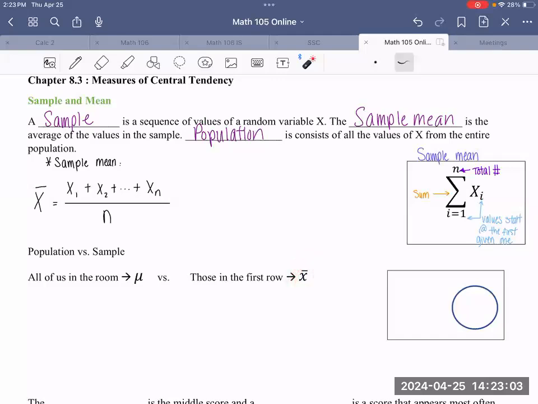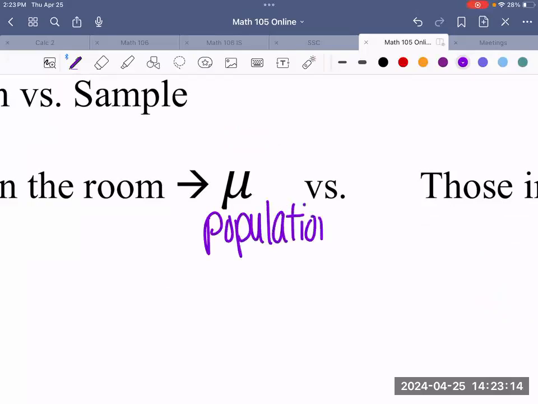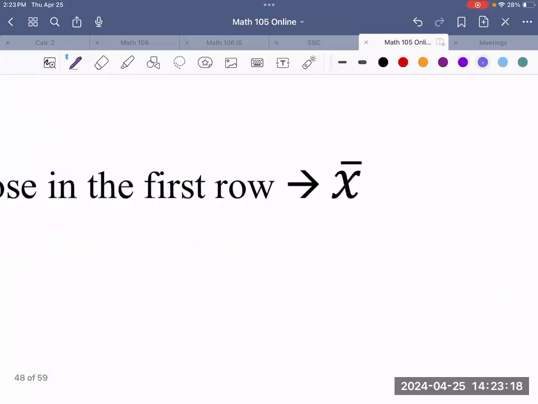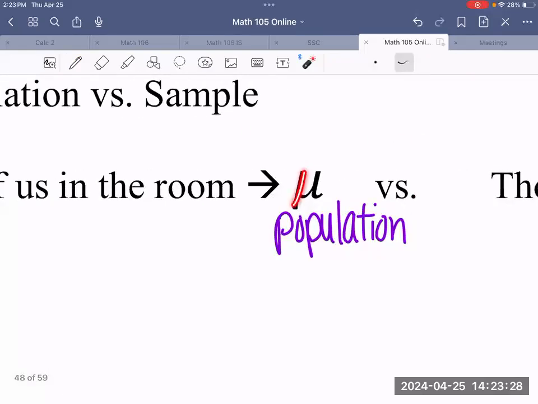If you have an entire set of people, this is considered your population, whereas we take a certain number of that population. This is then called your sample. Your sample mean is just x bar, and this being mu, your population mean.